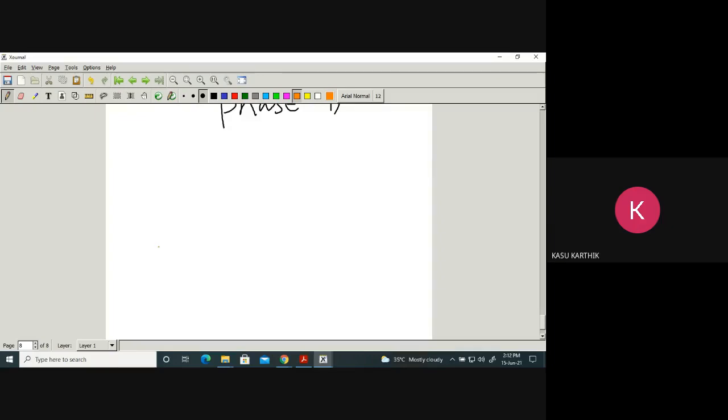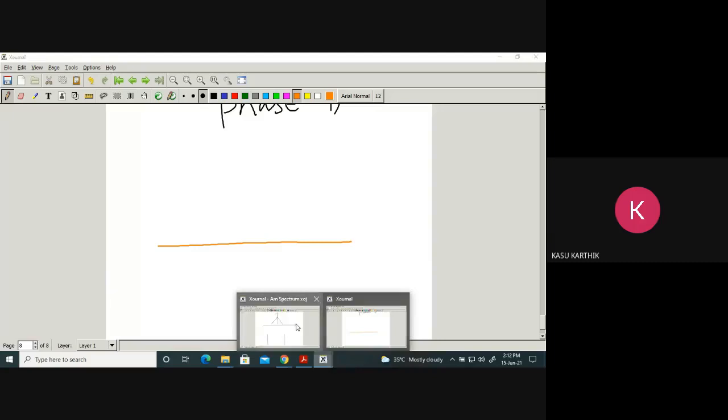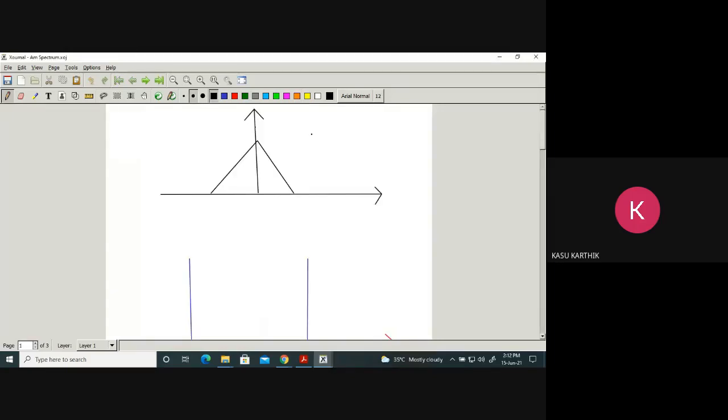If you draw the figure, it is like this: this is minus omega, this is omega, this is M of f, and this is f. The maximum amplitude of this spectrum is M of 0, at 0. So the bandwidth of the signal is only omega, not 2 omega.